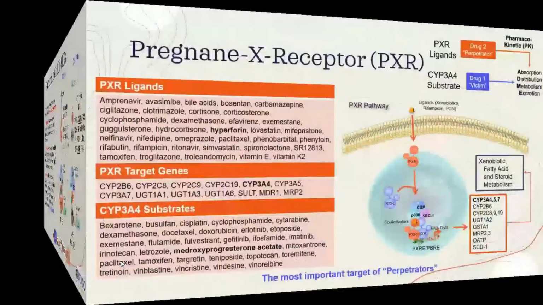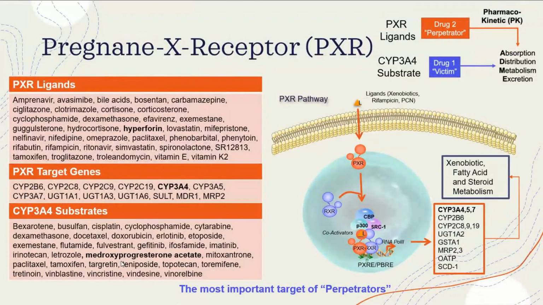So we'll talk about these types of molecular initiating events as we talk through three types of examples. And we're going to go through the three major drug-drug interaction targets for these particular types of perpetrator drugs. And the most important is PXR, which stands for pregnane X receptor.